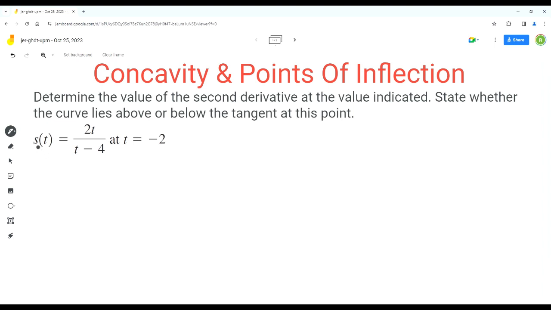Now this function s of t is a rational function. Since we have to find the second derivative of this function, it will be better to move the denominator to the numerator because that will make it easy to find the second derivative. So the first step is to change this given function equation.